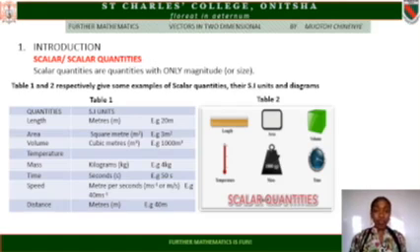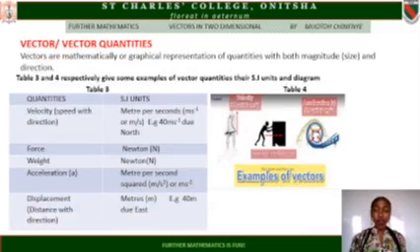We go to the next one, vector quantities. Vector quantities are quantities that have both the size, or you call it the magnitude. The magnitude is the same as the number. It has the size and the direction. It has two things: the size and the direction. That is what makes it a vector, and that is what differentiates it from a scalar.